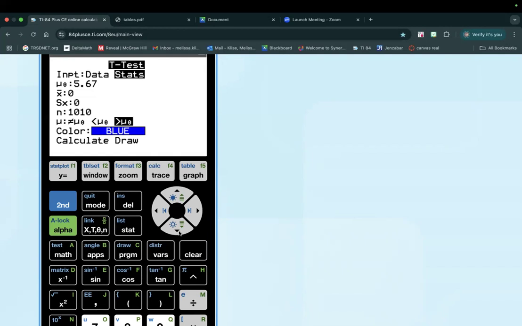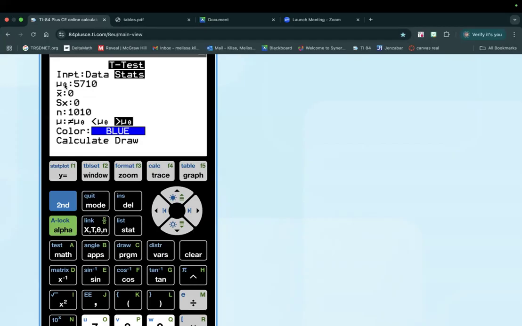I need to go back to the page where I have numbers. We have stats, so I'm going to keep it on stats. My mean was 5710. Notice how it has the not: the little zero right here means that was your initial mean. That is not the mean that they give us.